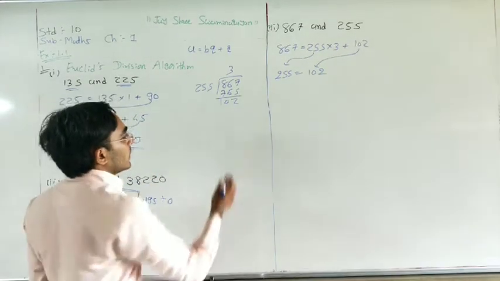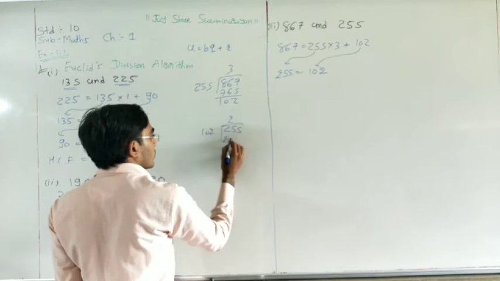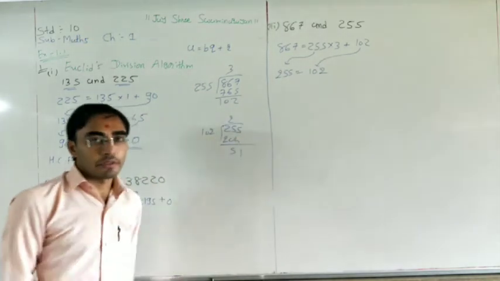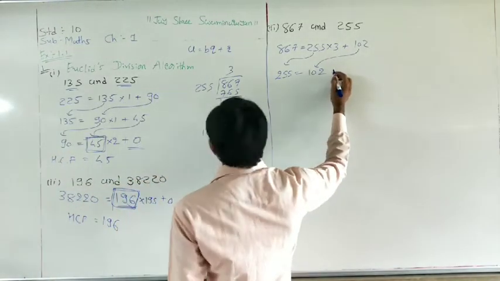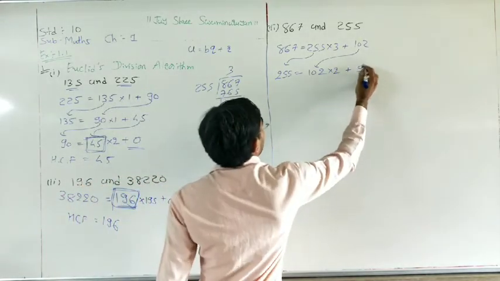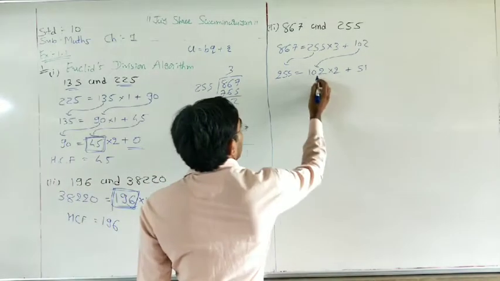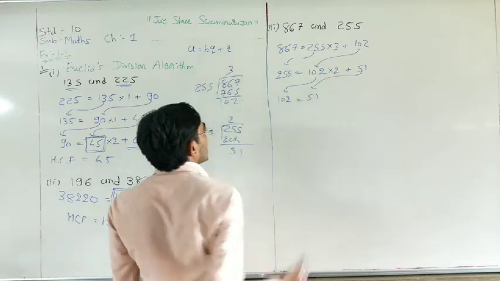If you again do the division process, 102 into 2, 204. You will get the remainder 51. So quotient it is in multiplication plus remainder 51. Now next step is again this 102 we need to write here and 51 here.